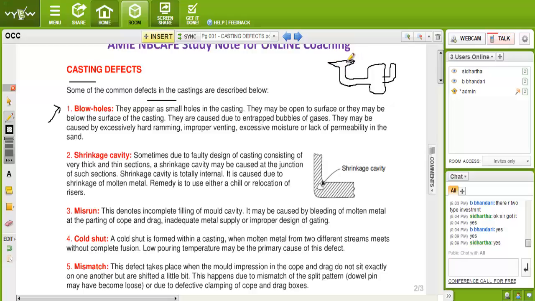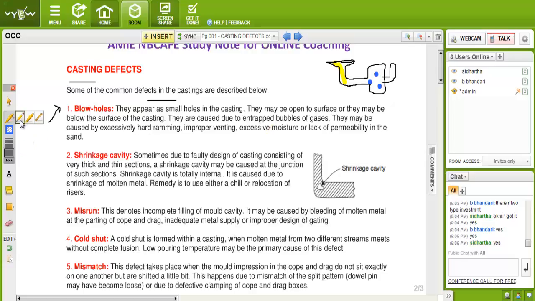Okay, see, it is a basin. When you first pour this molten metal on that basin, at that time some bubbles are present, some air is present, maybe some moisture is also present inside that. Is it clear?